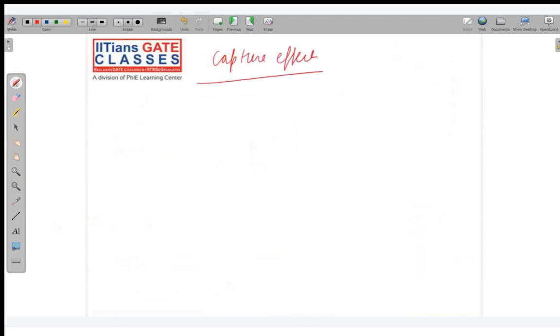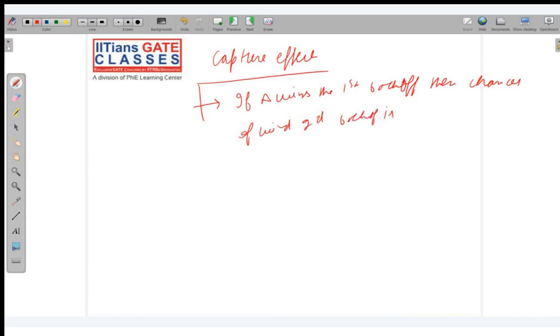Capture effect means if A wins the first back off, then chances of winning the second back off is more, and chances of winning the third back off is even more.